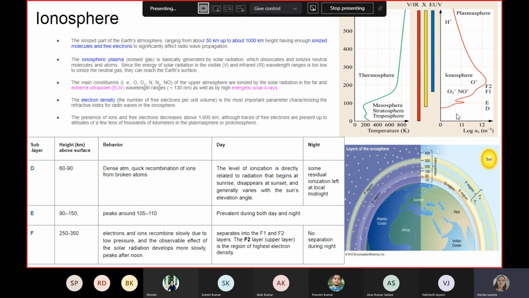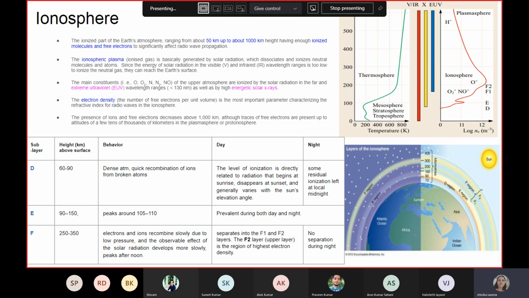Because there is a difference in electron density at different layers in the atmosphere, we get the concept of layers of the ionosphere. As you can see in the lower picture on the right hand side, we have the D region. We start with the smallest, closest to the surface of the earth. It is present at a height of 60 to 90 kilometers above the surface.